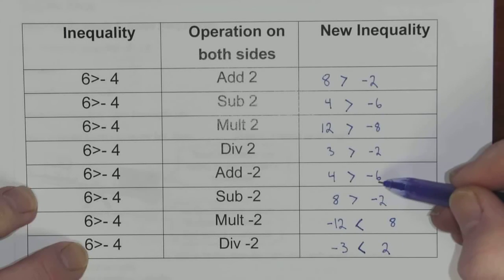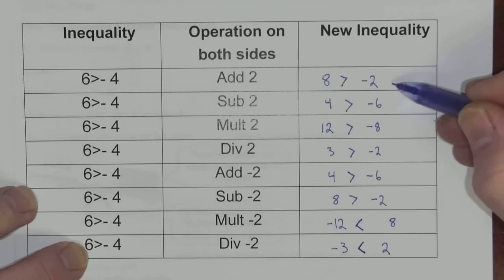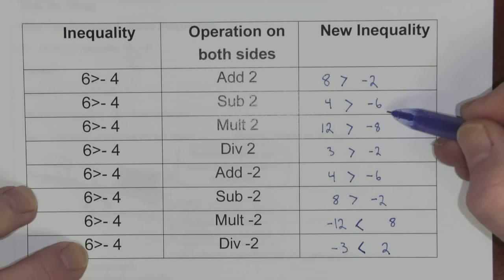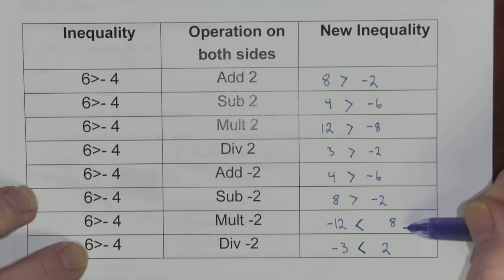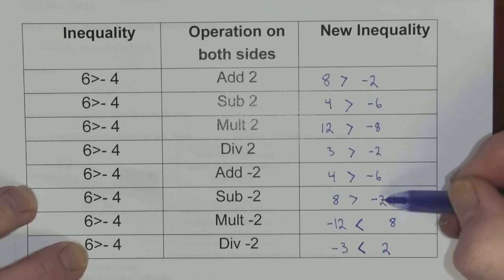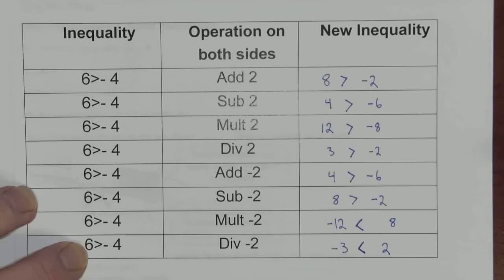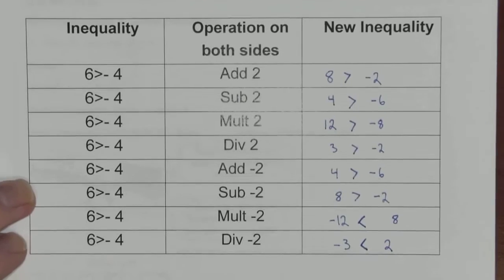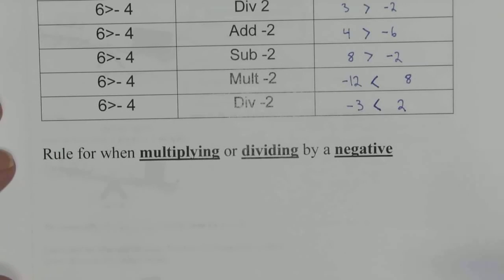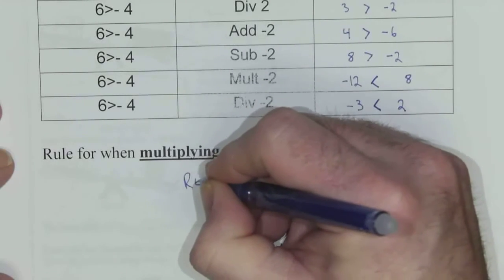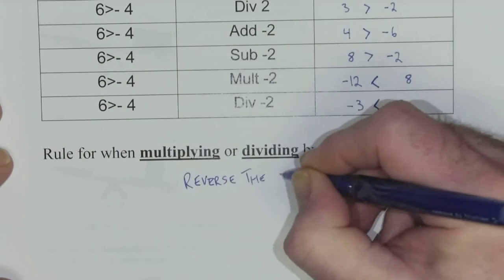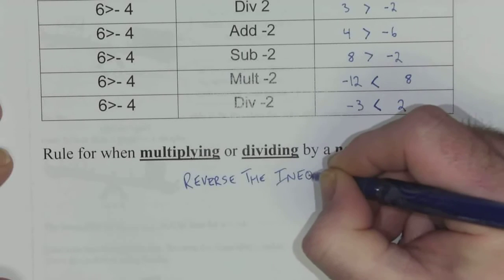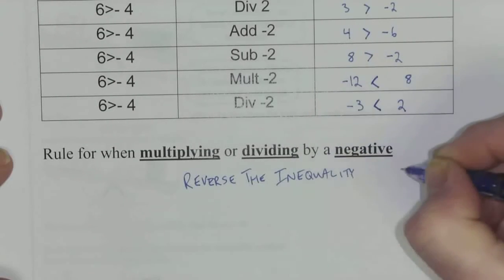So, when you're adding and subtracting a negative, it takes on a similar thing to adding and subtracting the positive number. However, you'll notice that -12 and 8 are not up here. Everything's changed. So these are unique. So by seeing that, we have a rule for multiplying or dividing by a negative, and that is that we reverse the inequality sign.